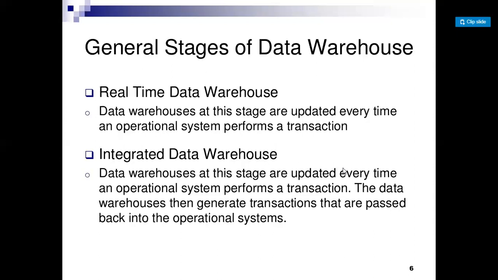In this way, the data flows from the operational system to the data warehouse, and from the data warehouse back to the operational system. While in the first one, the real-time data warehouse, the flow of information was just from the operational system to the data warehouse.